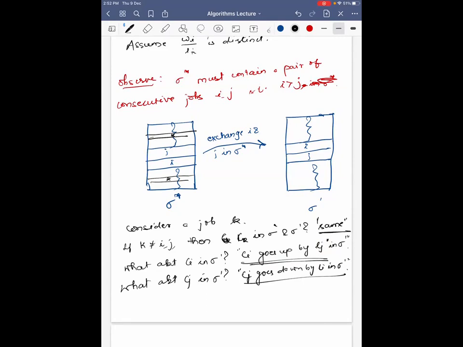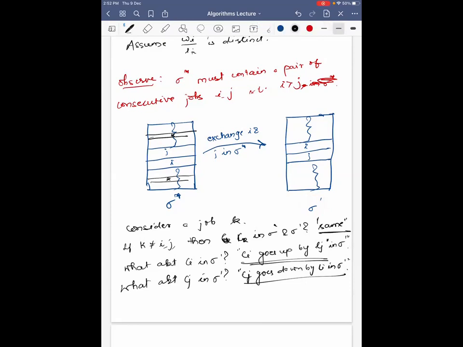In sigma star, J would have to wait for I to finish its execution. But now, after exchanging their orders, in sigma prime, J need not wait for I since it's scheduled before it. So Cj, the completion time of J, goes down by an amount Li in sigma prime.